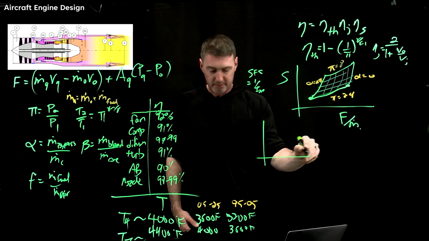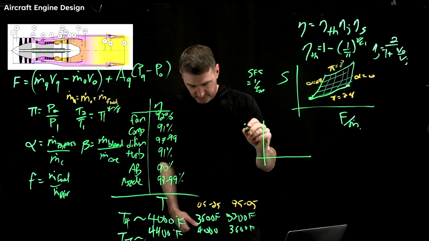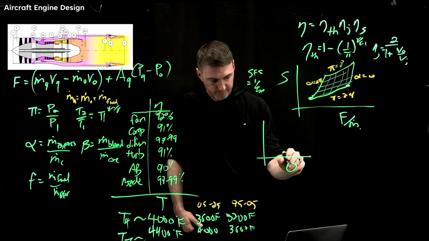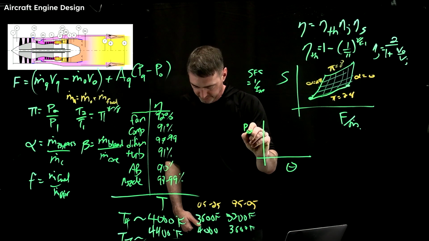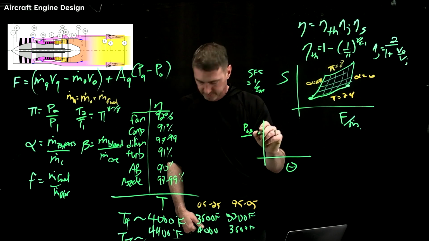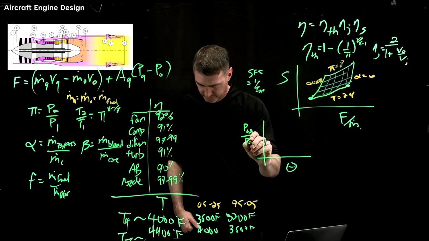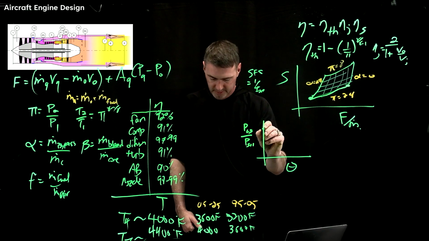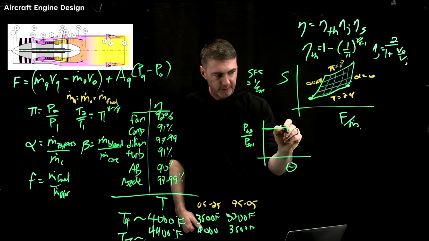Okay, so first one, this is basically your theta, right? And this is total pressure at 3 versus, I can't read my own writing, I think it's a P standard. All right, this is effectively your theta break.